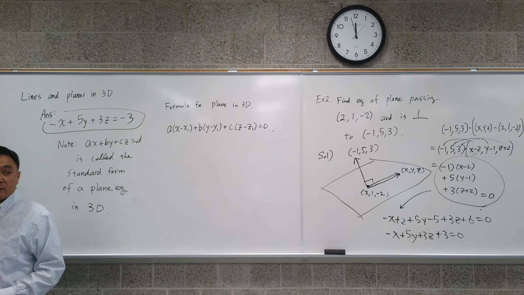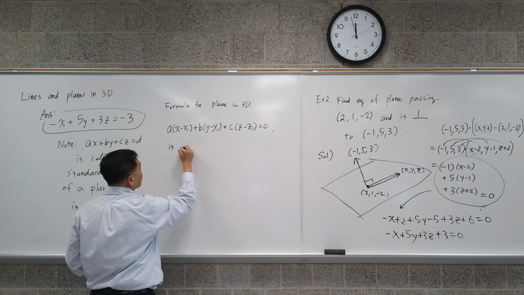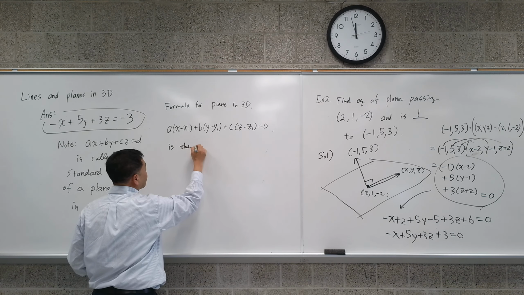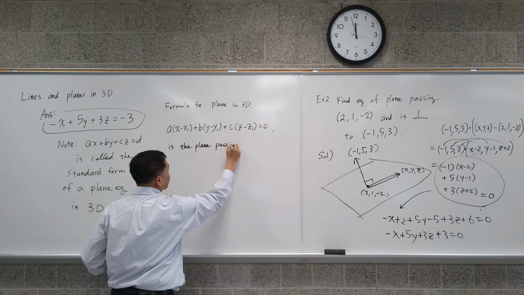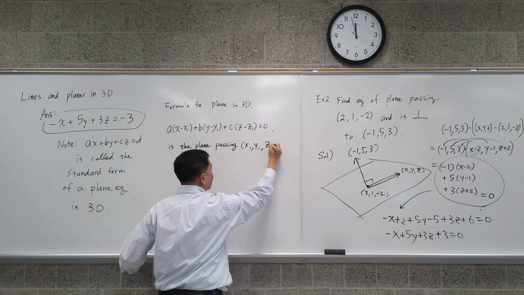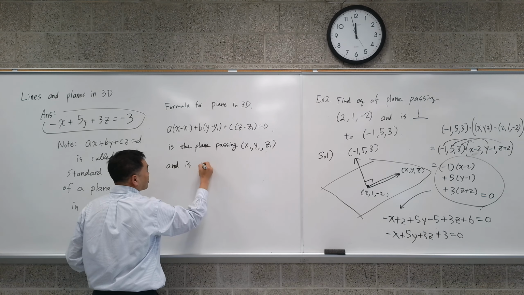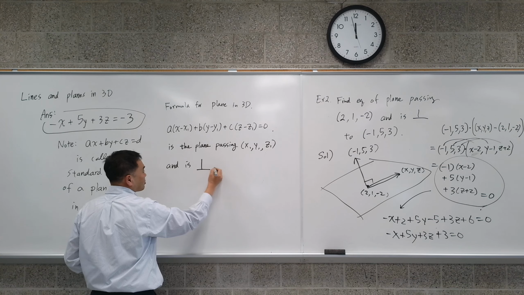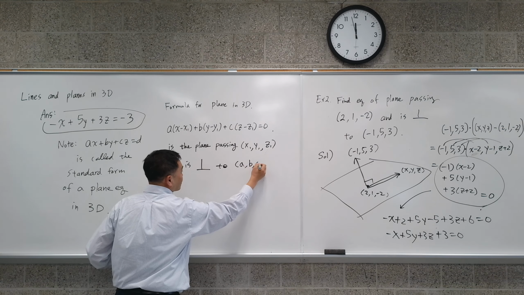Now what is this? This is the plane passing through x1, y1, z1 and is perpendicular to, let's say, ABC.